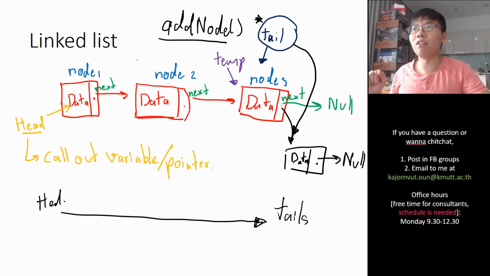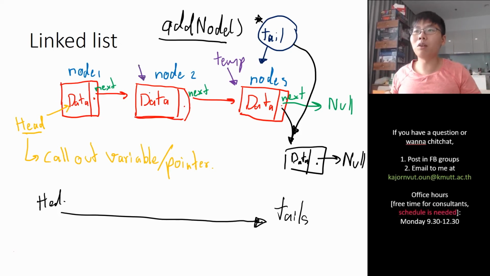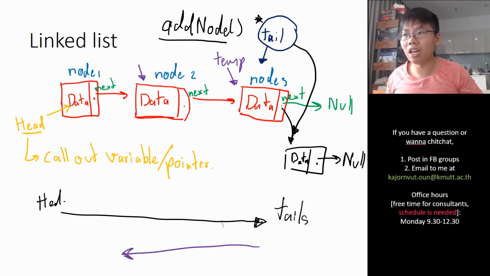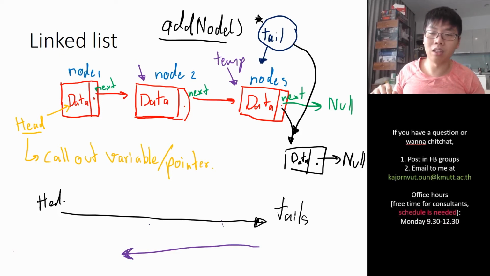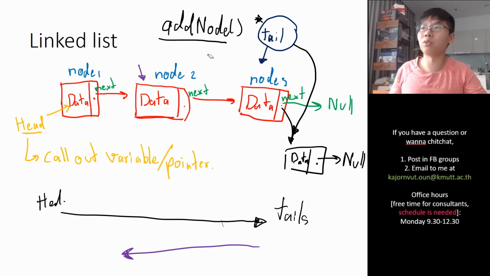Then what happens if we still want to access this data later on? Or simply speaking, how are we going to recall data backward from tail to head? In this example, you need to change temp back to the starting point of the linked list again, right? Because there is nowhere else to go.